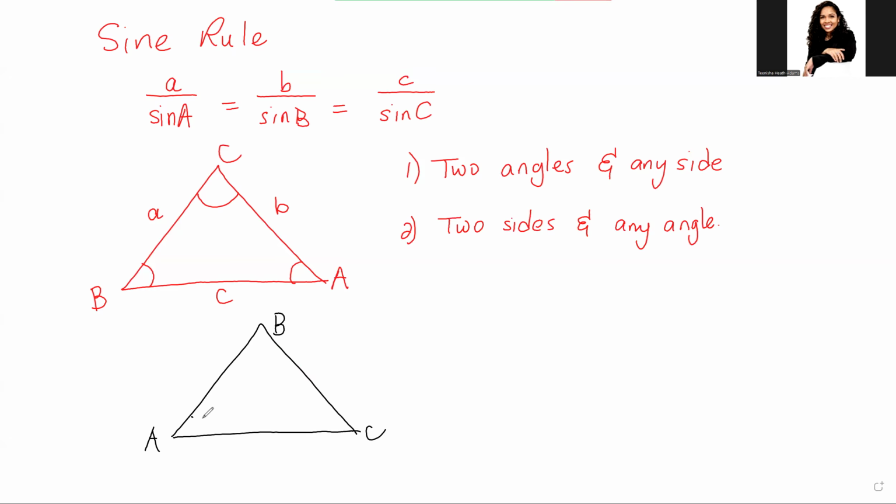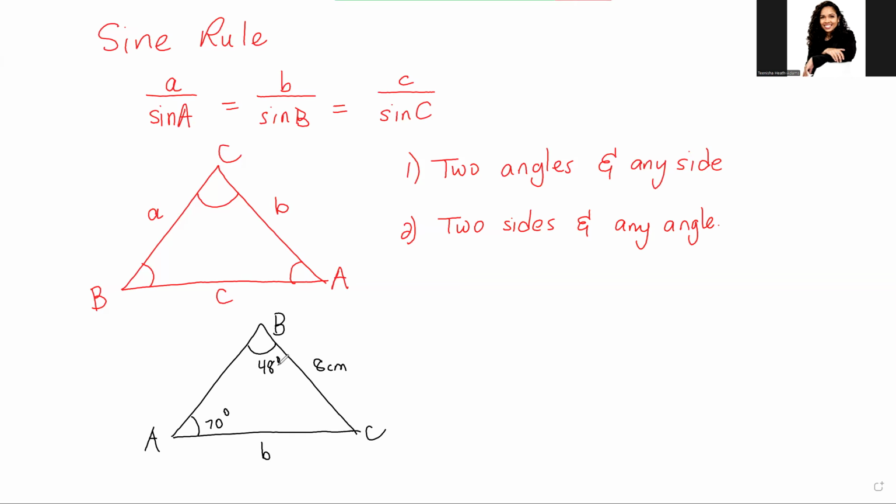And let's say angle A is 70 degrees and angle B is 48 degrees. And then the side opposite angle A, which is side a, is 8 centimeters. Let's say I have to find side b, for instance, right?